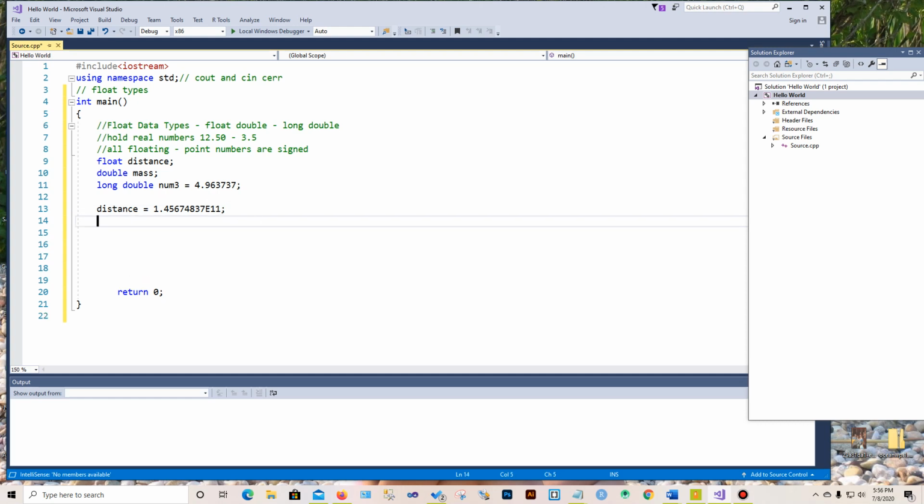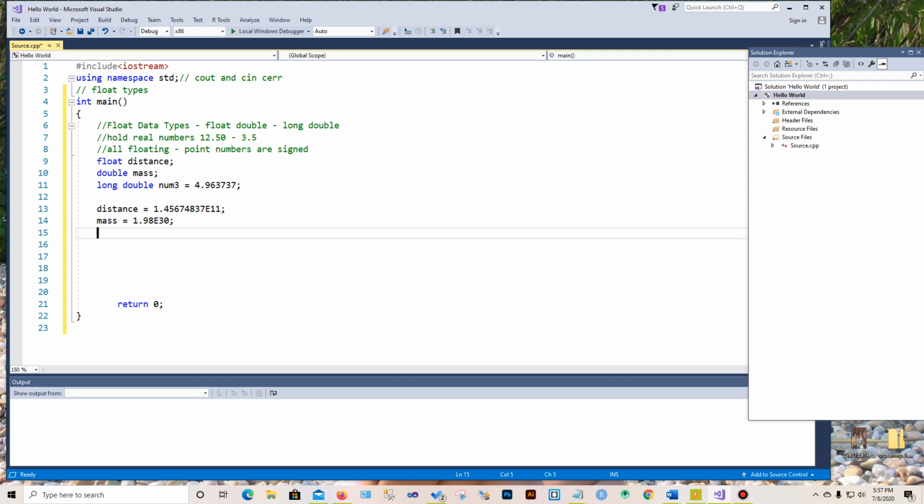And then the mass is going to be equal to 1.98E30. One is the distance of the sun, the other is the mass of the sun. This number is not correct, by the way. I just inputted numbers because it's hard for me to see it from here.